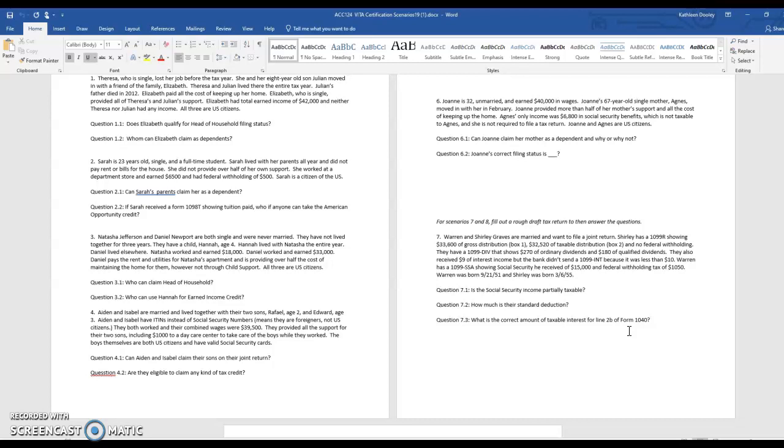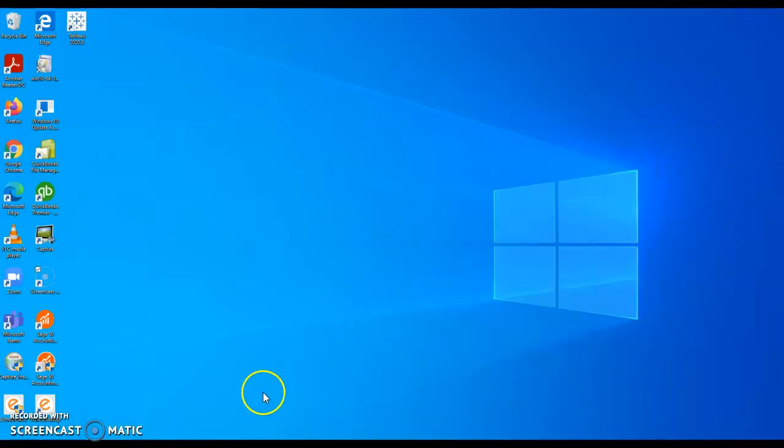Okay, so these are all things we've worked on in class. So the Social Security income, is it partially taxable? To do that, we're going to have to fill out a Social Security benefits worksheet, and we have done that before.